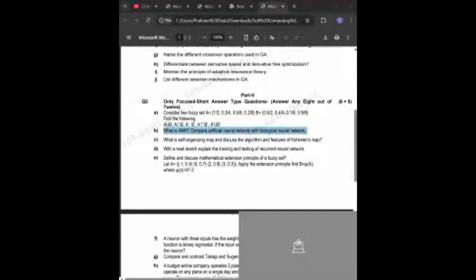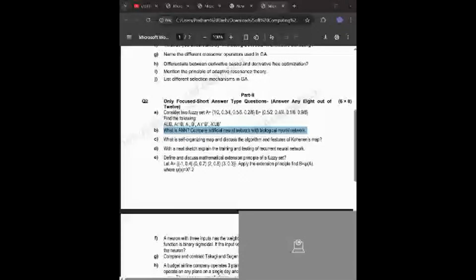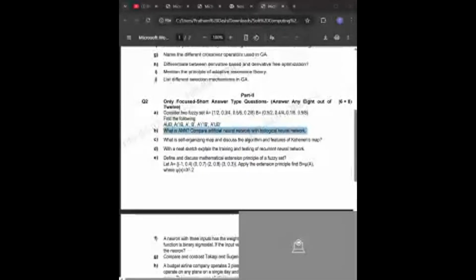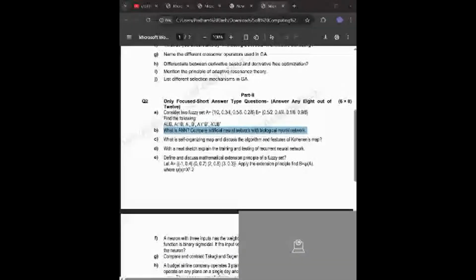So, an artificial neural network is a computational model inspired by the structure and function of the human brain, made of artificial neurons, which work together to learn patterns from data. To find patterns from data, that's one of the uses.